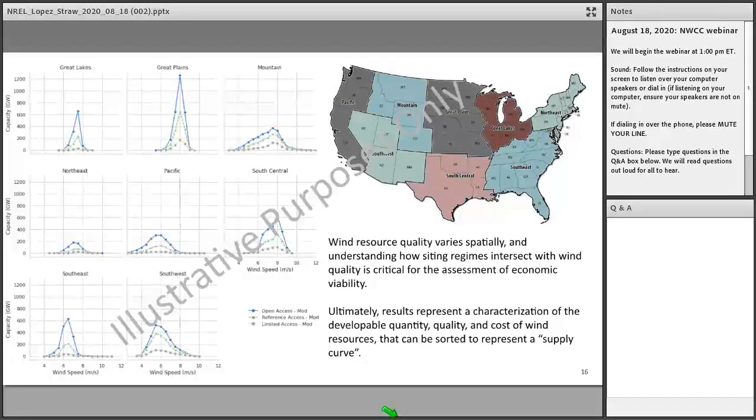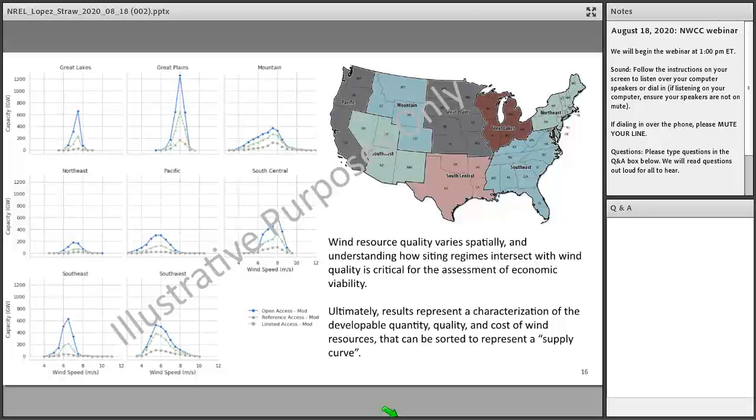So as we know, wind resource quality varies spatially, and understanding how siting regimes intersect with wind quality is critical for the assessment of economic viability. Here we see regionally the effects of the 3 siting regimes on available capacity at different wind speeds. Given these results, we can start to dig deeper into trends. For example, setback assumptions drive deep cuts in capacity in the more heavily populated regions of the United States.